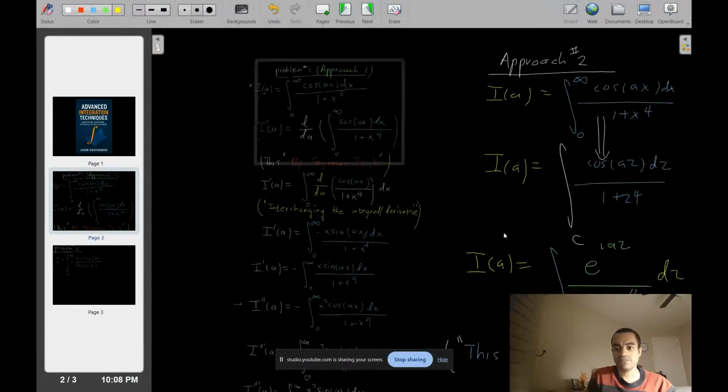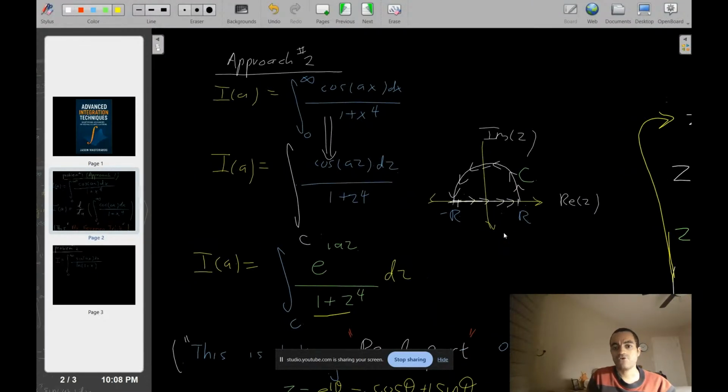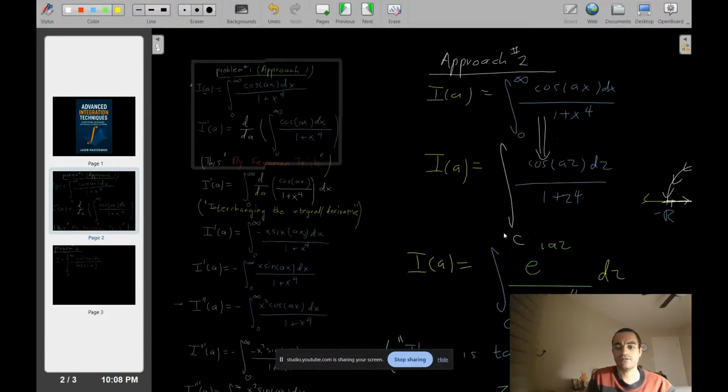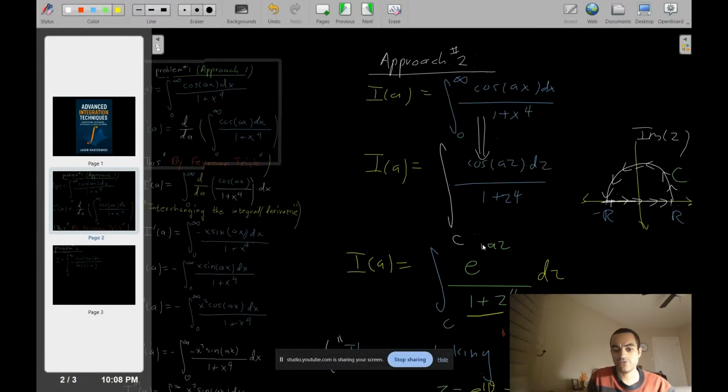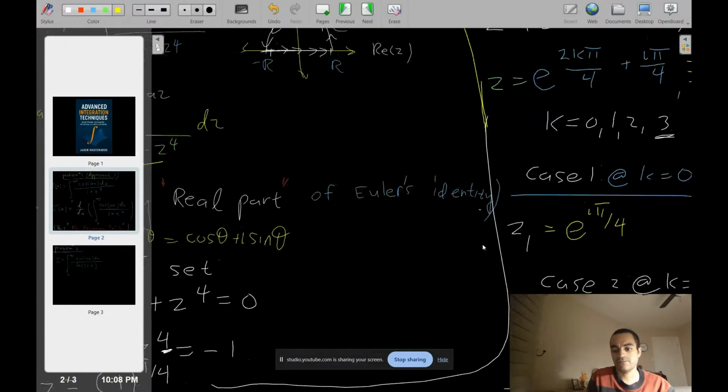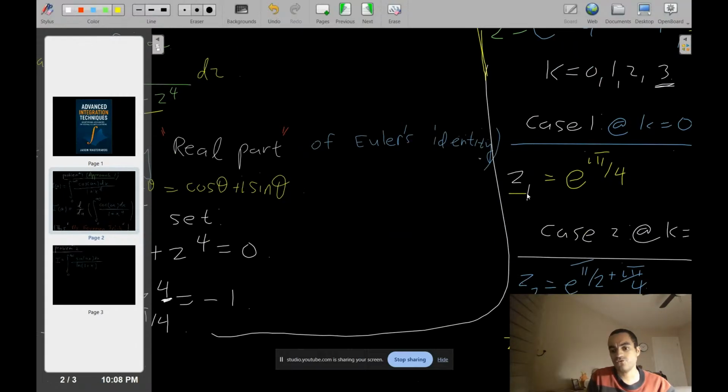Please do that for homework, either contour integration or the Feynman trick. You can look up both in my YouTube channel, there are videos for both. You can do a basic practice problem and you'll be able to go through one of these, as long as you have already found the singularities.